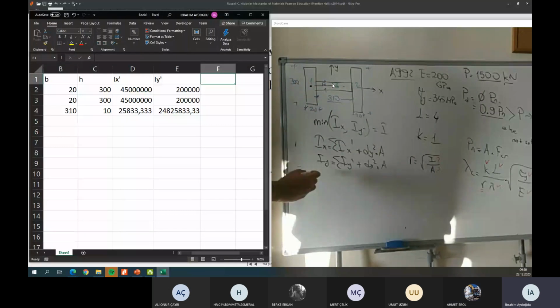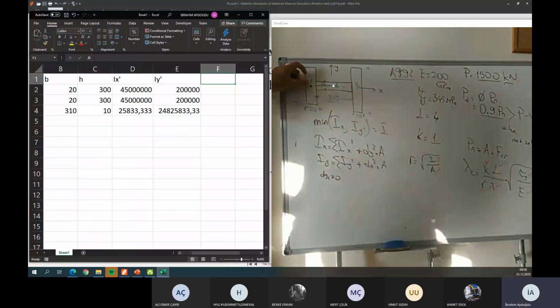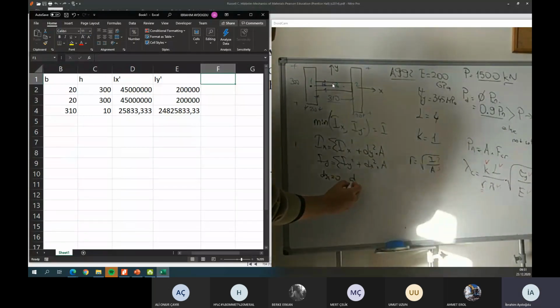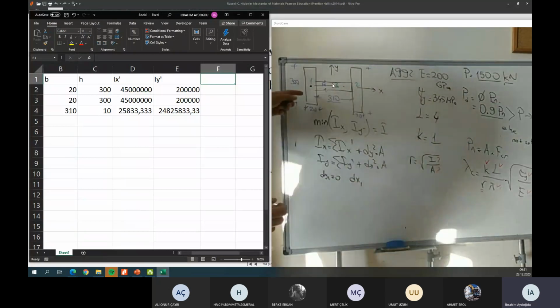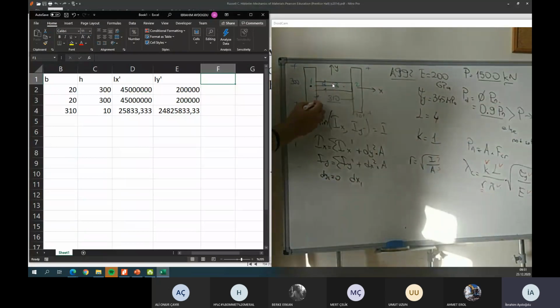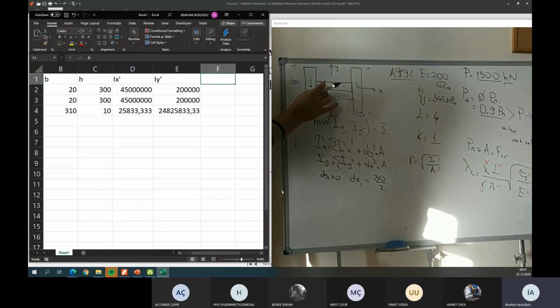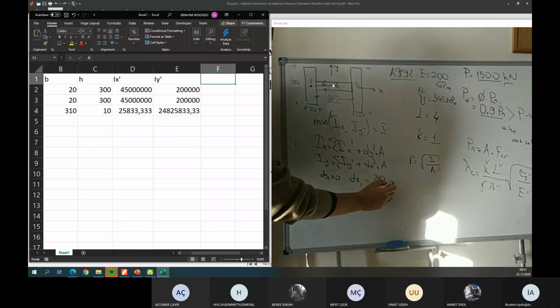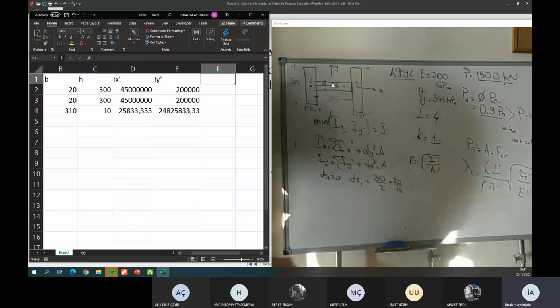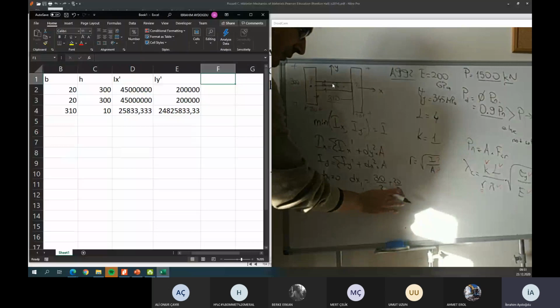Therefore, dy1 is equal to 0 because there is no vertical distance, isn't it? Fine. What about dx1? dx1 is not 0. This is the 10. This is half of 310, 310 divided by 2, half of this length, plus 20 divided by 2. Isn't it?